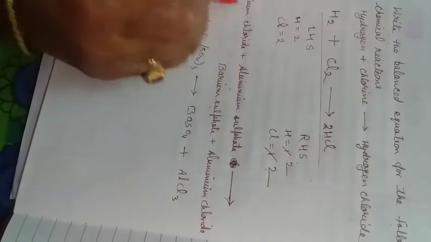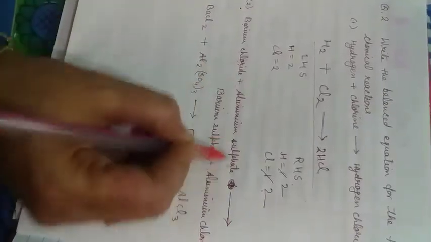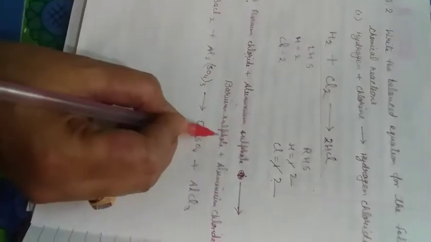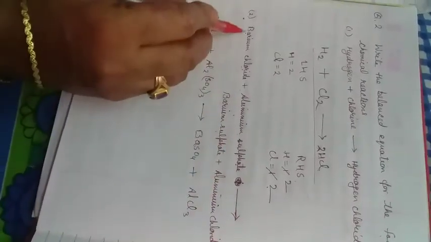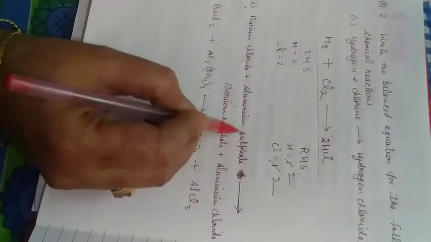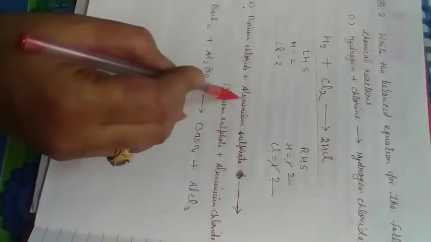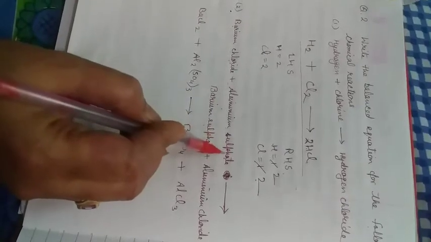Likewise, students, second equation: barium chloride plus aluminium sulfate, and we'll get product barium sulfate plus aluminium chloride. Students, while seeing this equation, if we remember that flow chart that I have sent you previously, double displacement reaction is there.